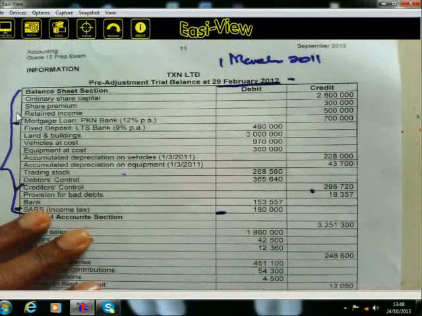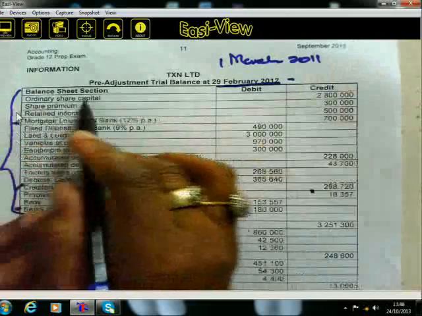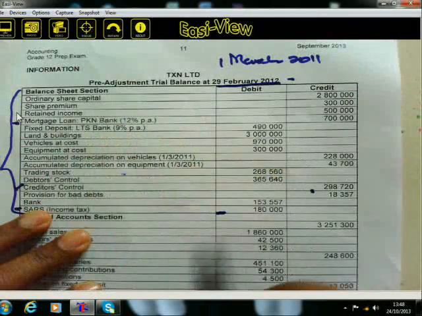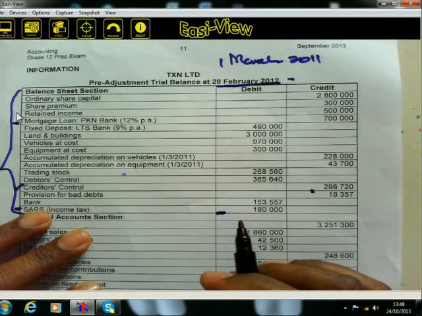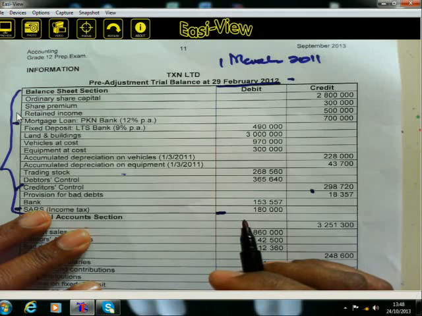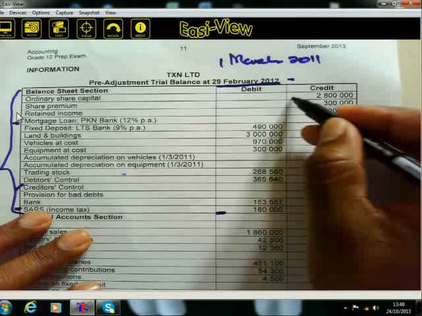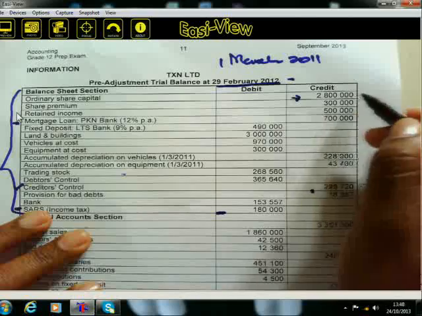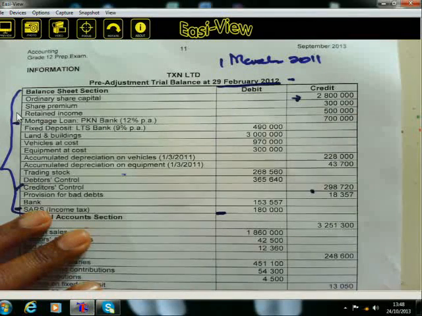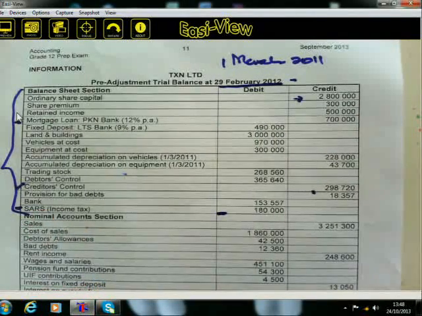But when we go to the extract, it says our ordinary share capital, being the actual amount that we receive from the selling of shares, is 2,800,000 rand. So remember, the par value is 2 rand.